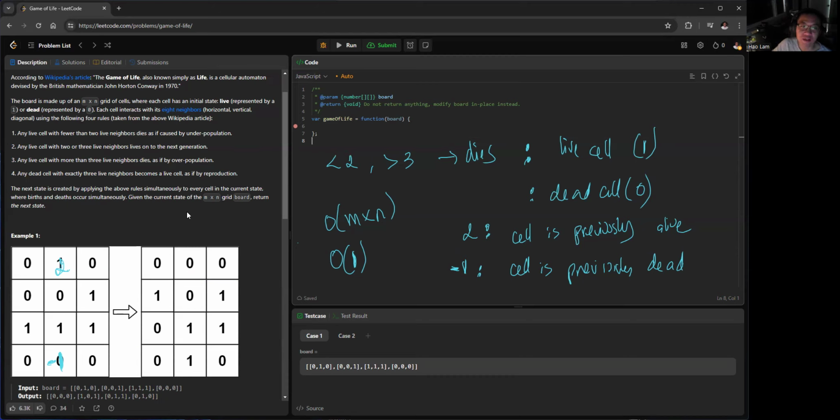After we did that, we can iterate through the whole board again and turn any 0 to 0, 2 to 0, and -1 to 1. So the point here is that we use a positive number other than 1 and 0 to represent the previous state of the cell being alive, and we use a negative number to represent the previous state of the cell being dead.